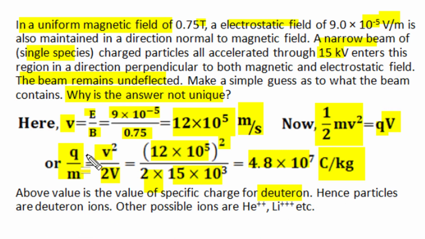Now, other combinations of this charge to mass ratio may be alpha particle or doubly ionized helium atom or triple ionized lithium ion, and both doubly ionized helium and triple ionized lithium have the same charge to mass ratio as that of deuteron: 1 unit electronic charge and 2 times mass, or 2 unit electronic charge and 4 times mass, or 3 unit electronic charge and 6 unit mass. So our answer is not unique. This charge to mass ratio could be of deuteron, alpha or triple ionized lithium.